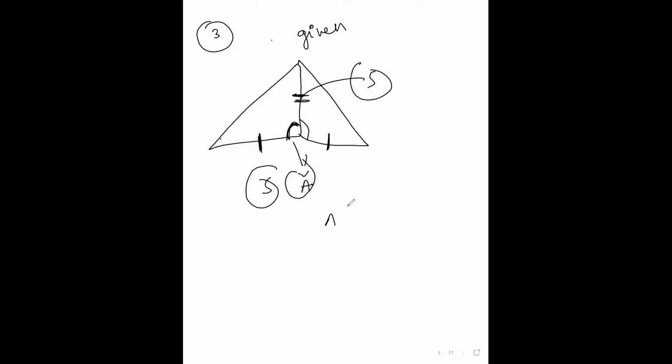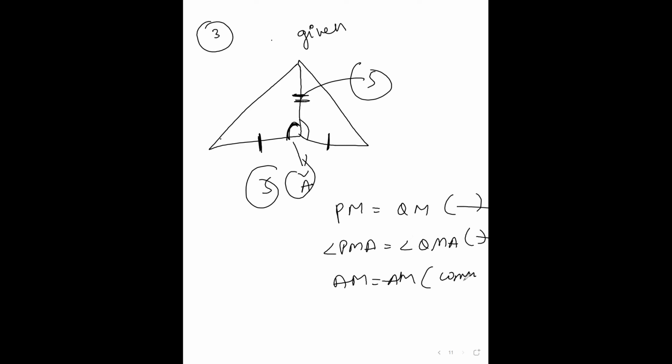PM is equal to QM. Angle PMA is equal to angle QMA. Whatever reason it is, you write it over here. Then AM is equal to AM, reason being common side. Therefore, triangle AMP is congruent to triangle AMQ.